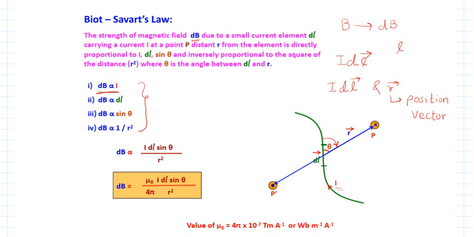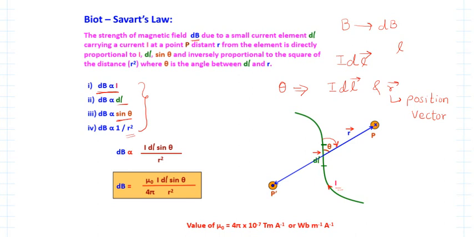At the same time, dB is proportional to the length of the current element, that is dl. It is proportional to the sine of the angle theta. Angle theta is the angle between the two vectors, the current element I dl bar and r bar. And it is inversely proportional to the square of the distance between the two things.